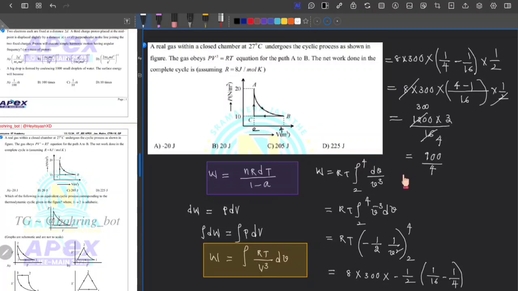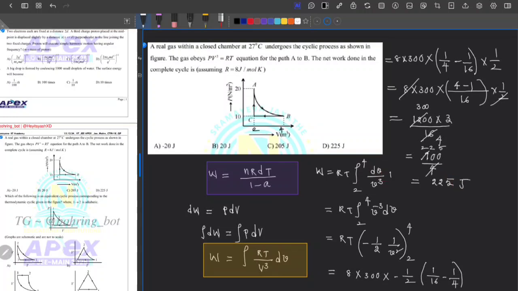What is 900 by 4? It is 225, so 225 joules.